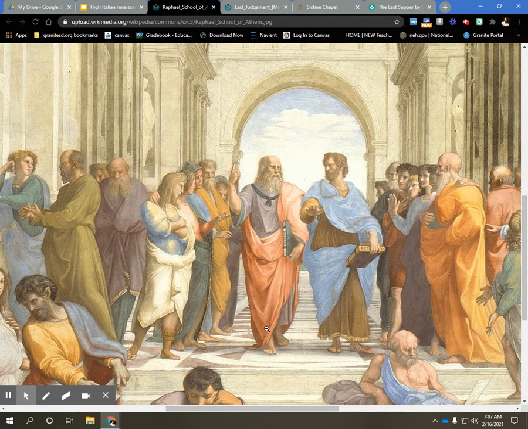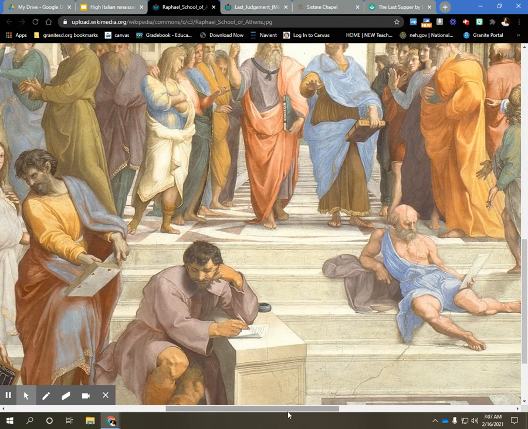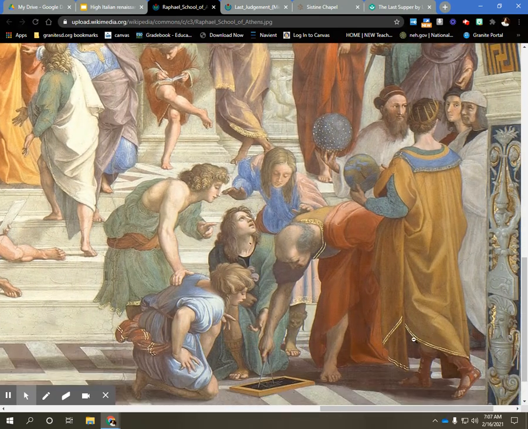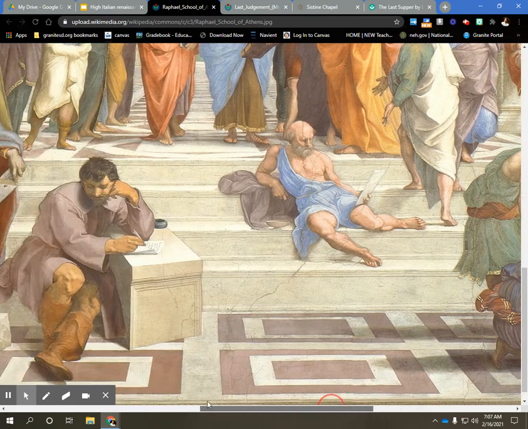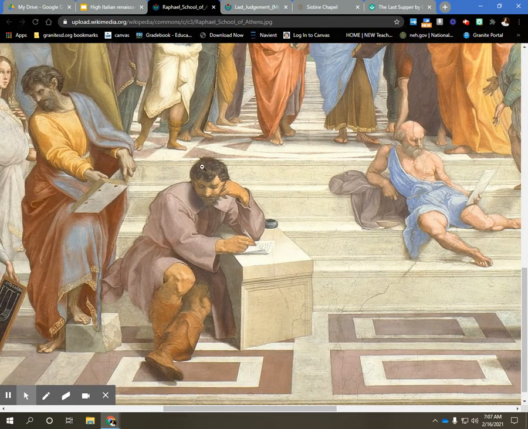So hopefully Plato looks familiar in that it is Leonardo da Vinci. Okay. And this guy right here, this is Bramante. And this guy right here is his own self-portrait. It's Raphael. And this figure was originally not included in the composition.